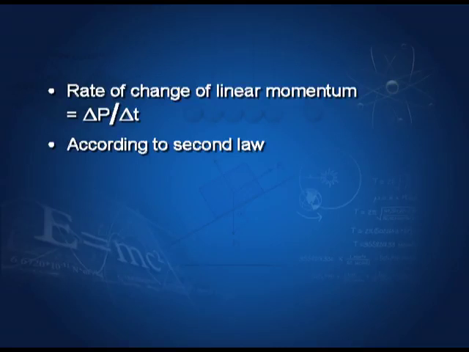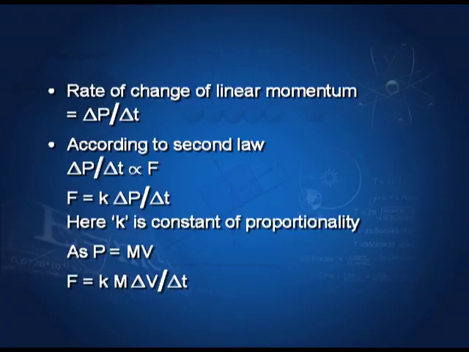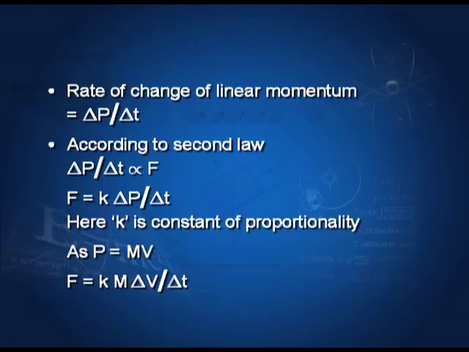According to the second law, delta p upon delta t is directly proportional to the force applied on the object. That means, delta p upon delta t is directly proportional to F. Putting a coefficient of proportionality k, we get F equals k delta p upon delta t. As p equals mv, substituting the value of p, we get F equals k m delta v upon delta t.